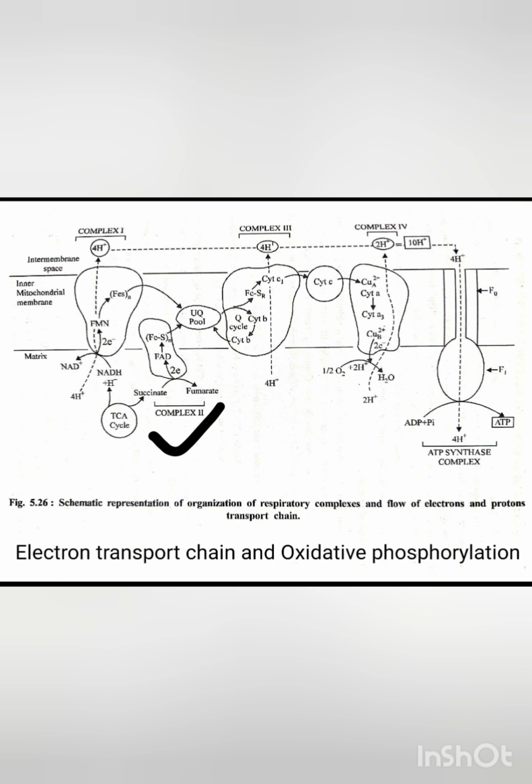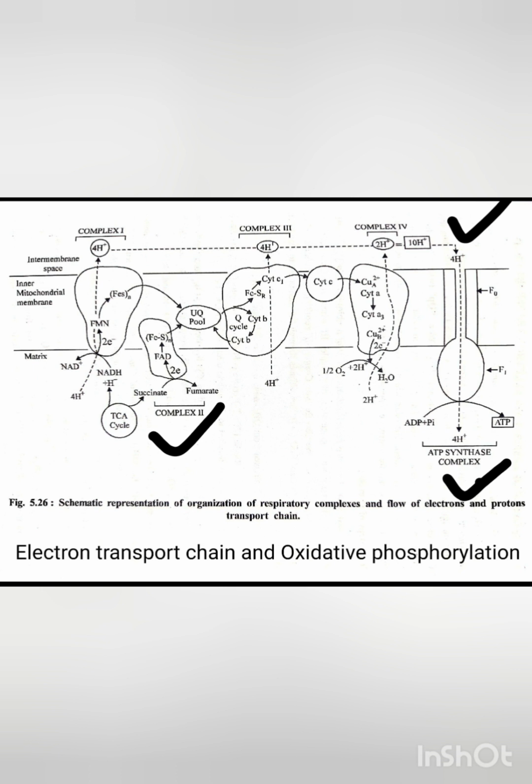So it creates a gradient, because there are more protons in the intermembrane space than the matrix. Then those protons try to move into the matrix to balance that gradient and create an equilibrium. During their movement from the intermembrane space to the matrix, they flow back through ATP synthase, or the F0-F1 particle.